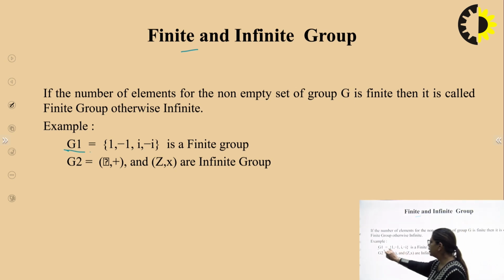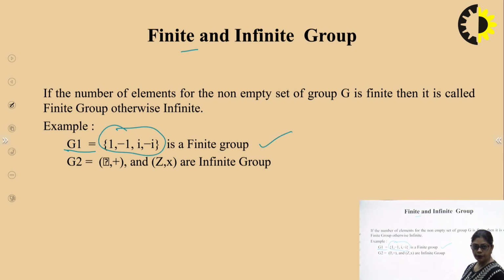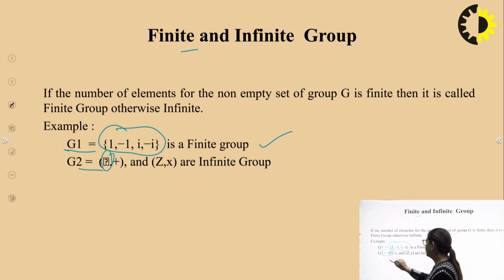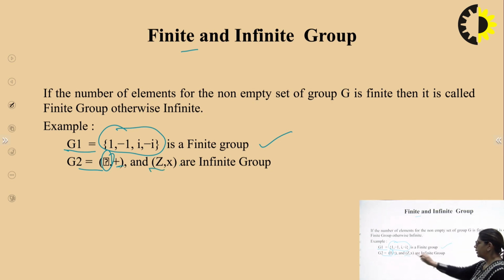Suppose G1 is a group having these four elements, we are able to count them, then it is called a finite group. But G2 is under addition or multiplication and has integers or natural numbers, a vast number of elements in this group. So we are not able to count them, so it is an infinite group, right?